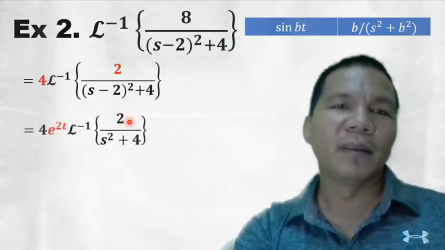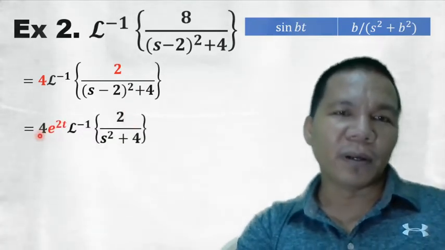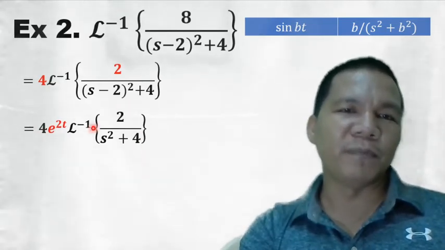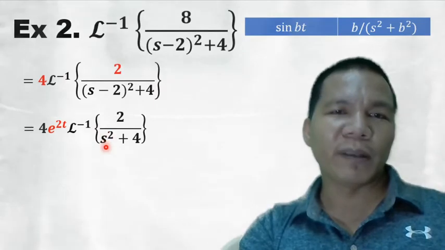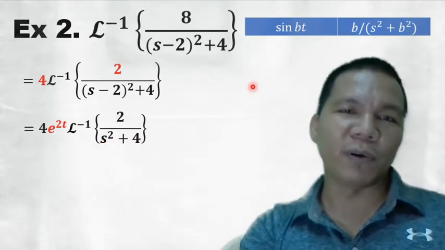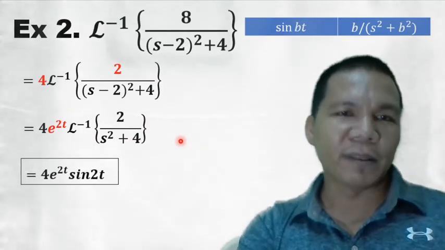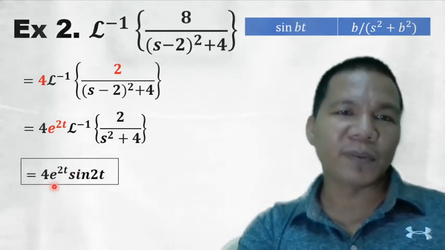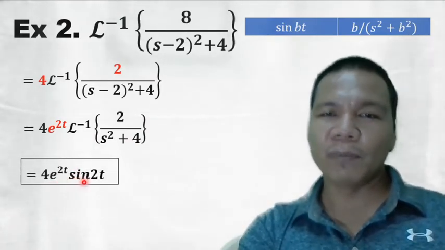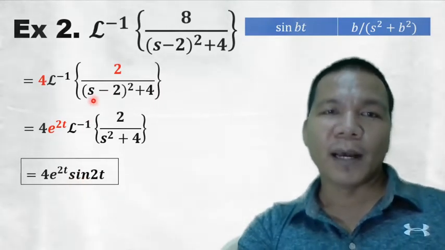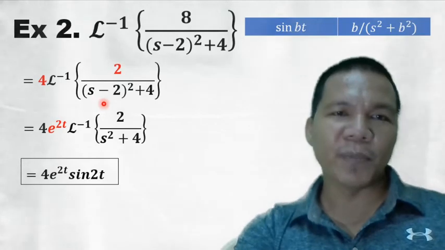All right. Now, what is left here in your inverse transform is 2 all over s squared plus 4, which is equal to sine of 2t. So therefore, your final answer would be 4 times e raised to 2t multiplied by sine 2t. So take note of the shifting in your s domain.